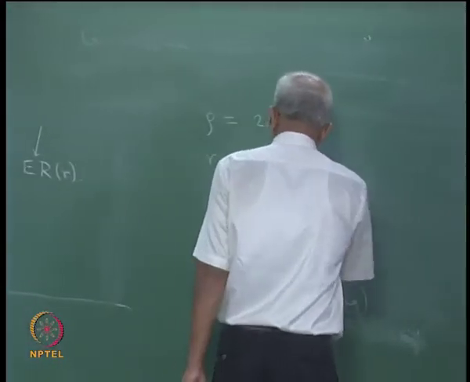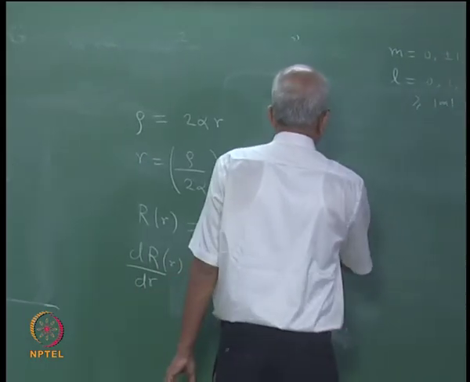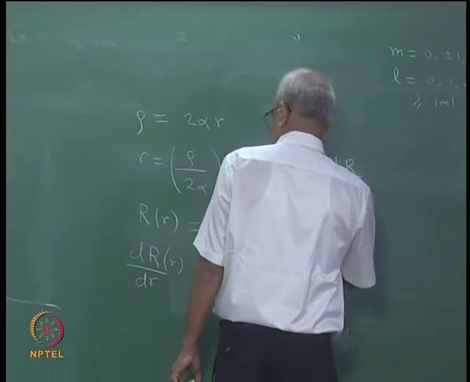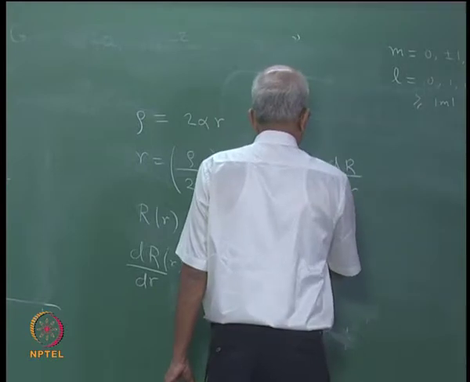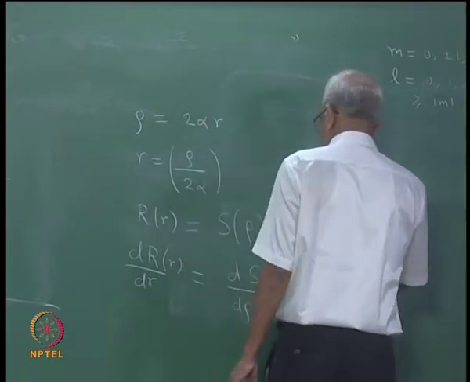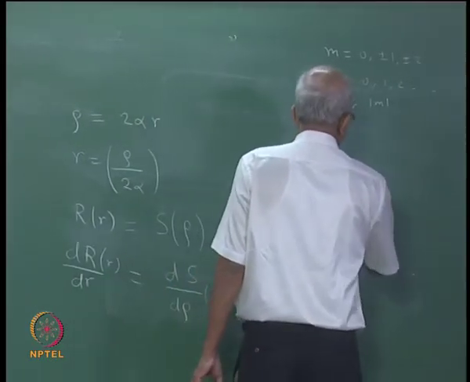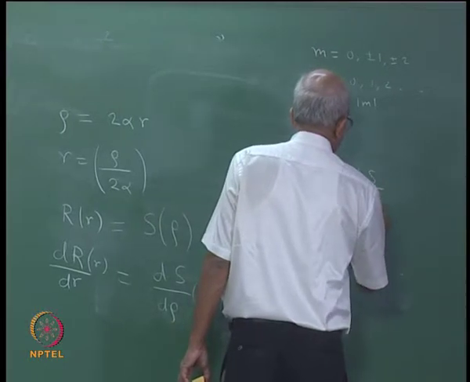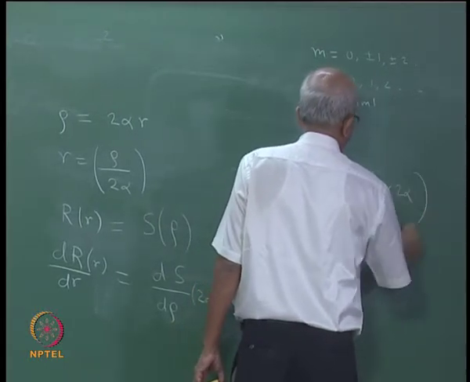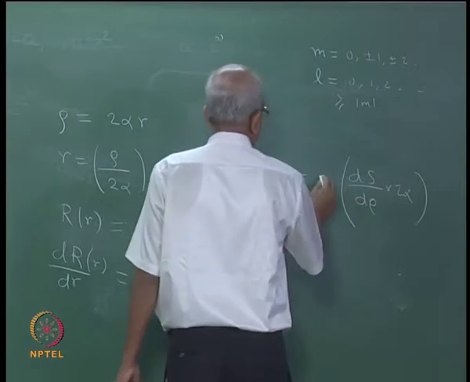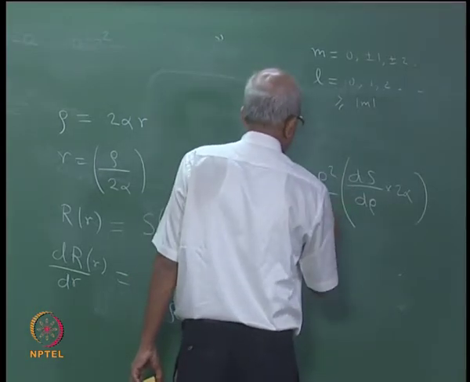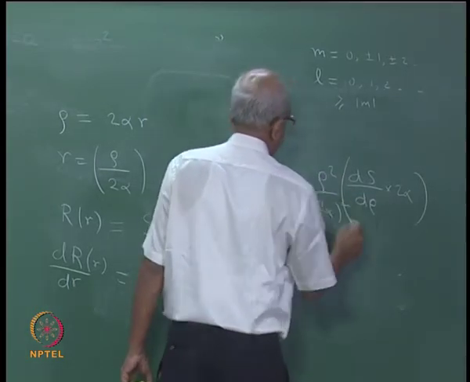So, this is what it is, then d capital R by dr multiplied by r square is equal to dS by d rho into 2 alpha, r square will be rho square by 2 alpha the whole square.